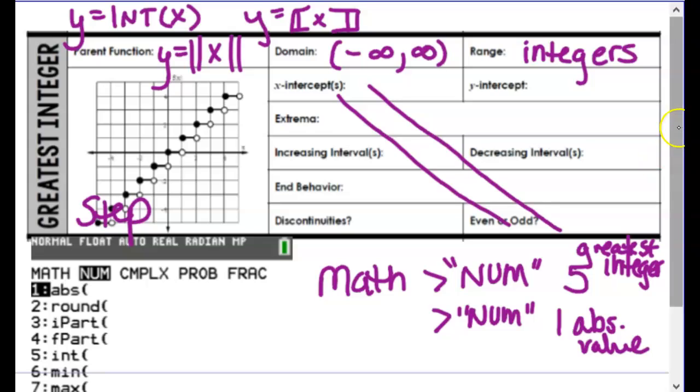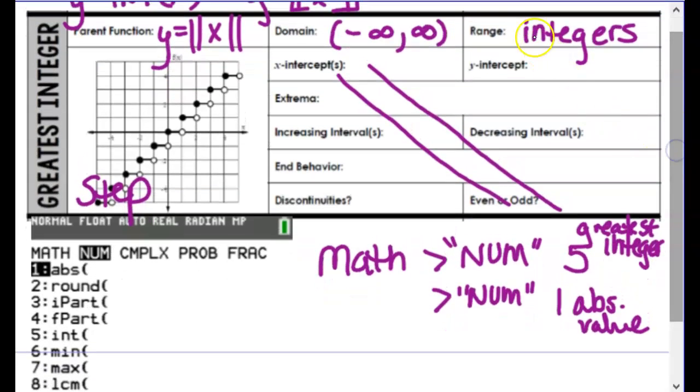Let's talk, though, about what the greatest integer function does. If you put in, I'll use the double absolute values, 1.5, you round down to the greatest integer less than or equal to that. So it would round down to a 1, okay? Be very careful, though, on the negative side.